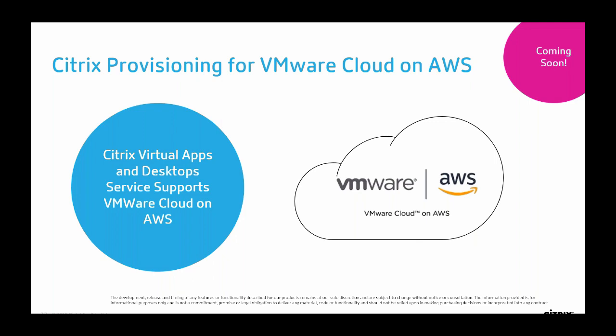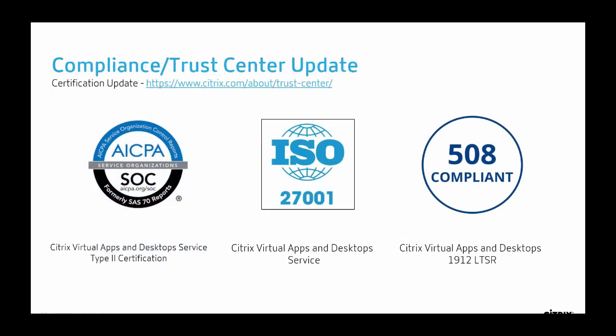From our Compliance Center, with data breach activities on the rise, organizations are looking for cloud compliance to assure them that Citrix follows strict guidelines for protecting customer data. With that, Citrix is announcing Citrix Virtual Apps and Desktop Service has reached SOC 2 Type 2 certification and ISO 27001 certification. SOC 2 is specifically designed for service providers storing customer data in the cloud.